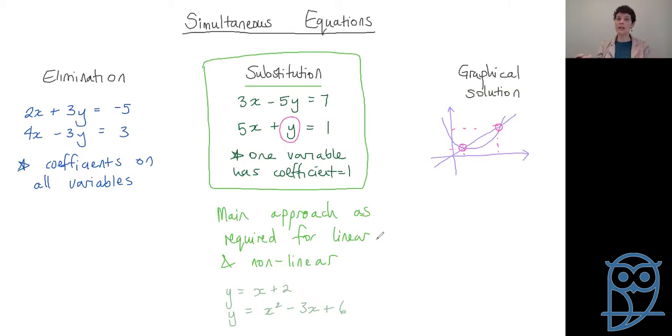In order to do elimination, you would have to have two linears. So let's just make a note of that here as well. So here you would need two linear equations. So moving forward with some substitution examples.